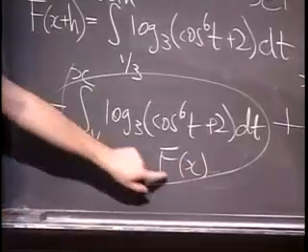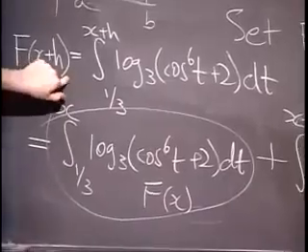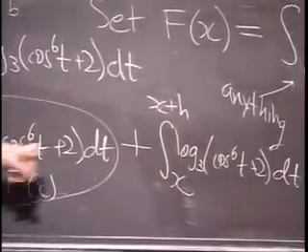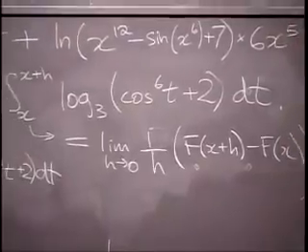So if you bring it over to the other side, you get F of x plus h minus F of x is this integral which we want. That is the integral over here. And then you just have to divide by h because the question asks for it.